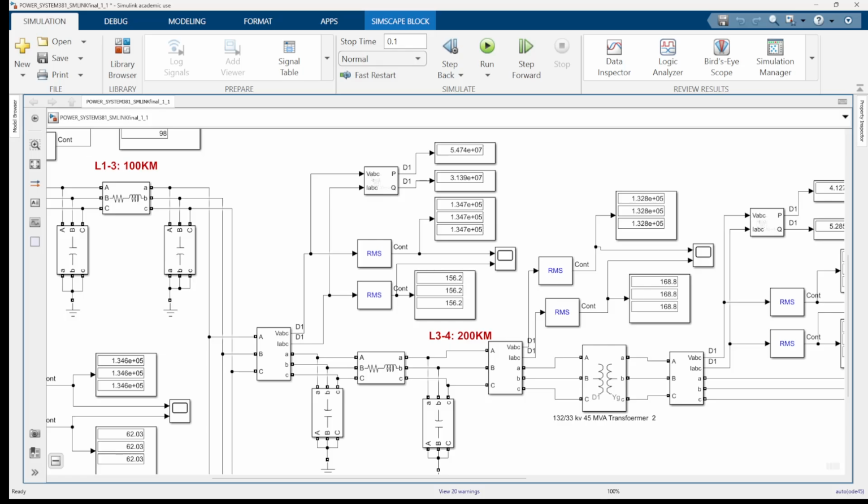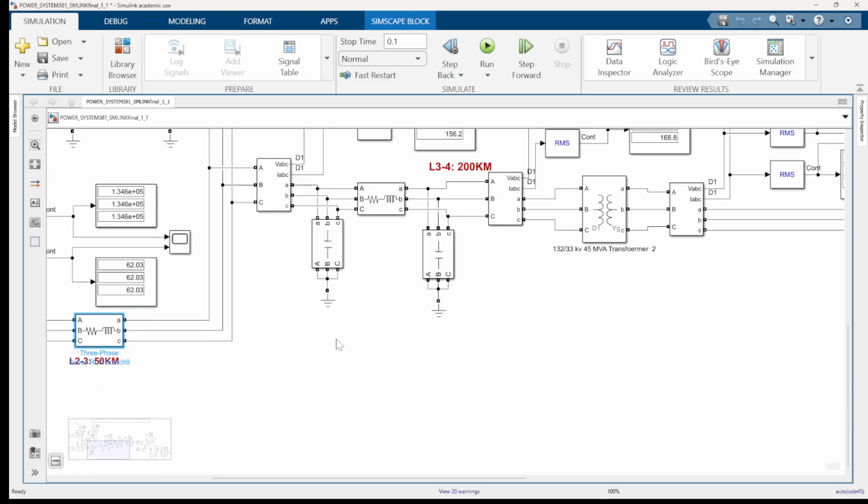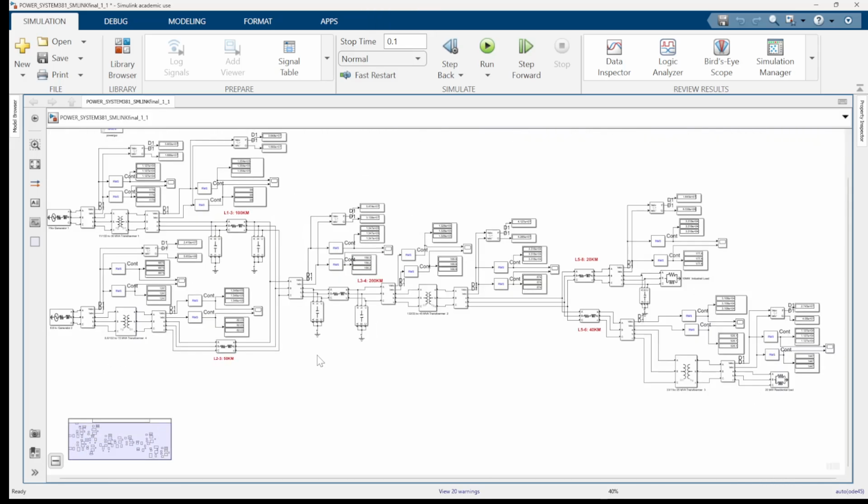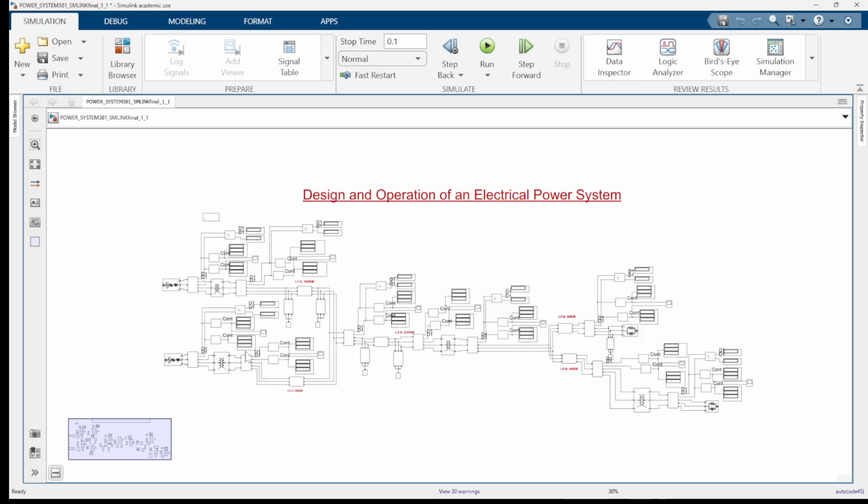What we found is that the longer the transmission line, the more losses because of the more reactance, and it contributes significantly to the voltage drop. That means the longer the transmission line, the more voltage drop and power loss, and to compensate for that we have to generate more power from the generator.